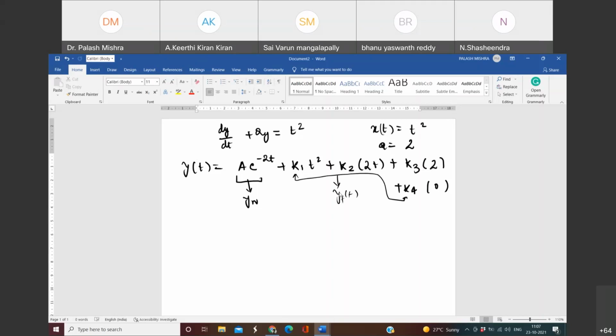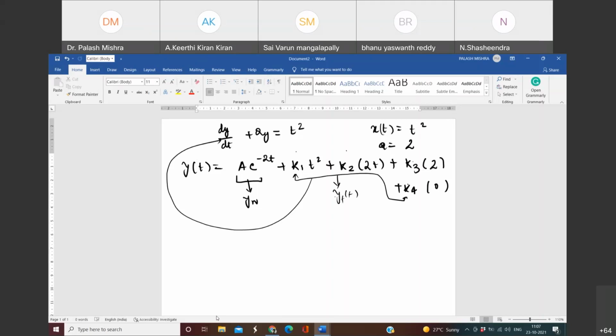Now this y_f(t) you have to find out. You have to find the coefficients k1, k2, k3, and k4 to get y_f(t). So can someone tell me how to do it? You will substitute this in the original differential equation.